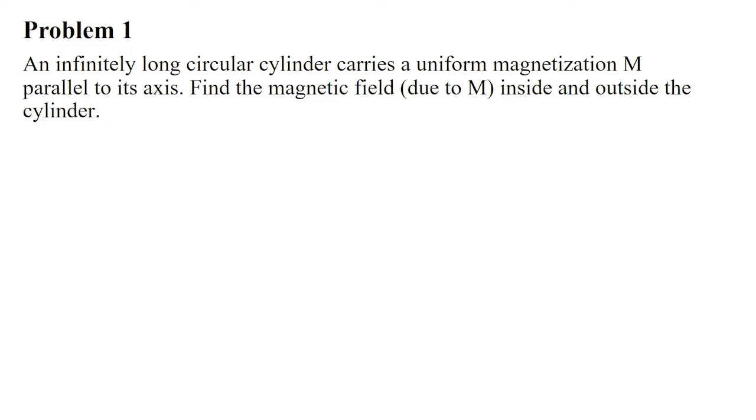Let's start with the first problem. An infinitely long circular cylinder carries a uniform magnetization M, which means constant magnetization M parallel to its axis. Find the magnetic field due to M inside and outside the cylinder.